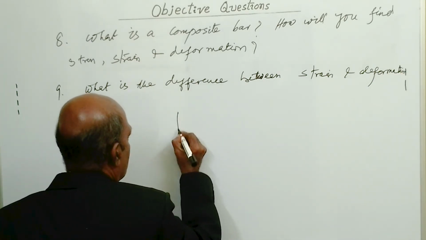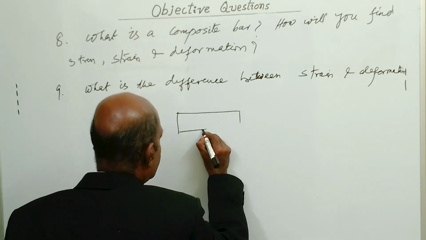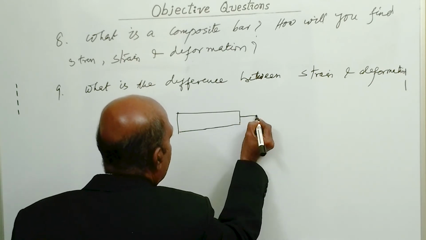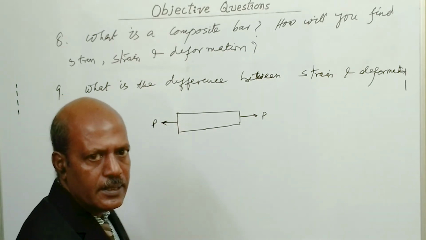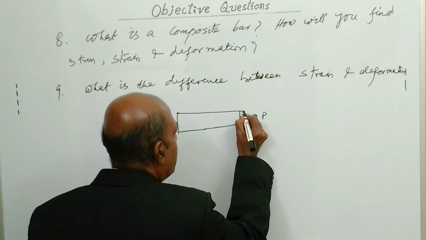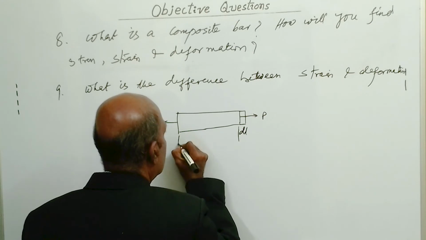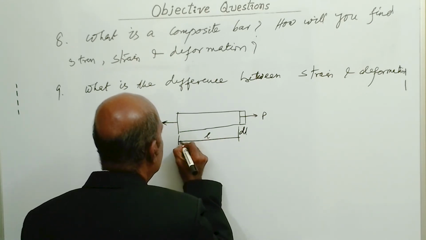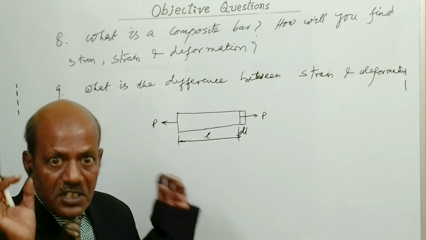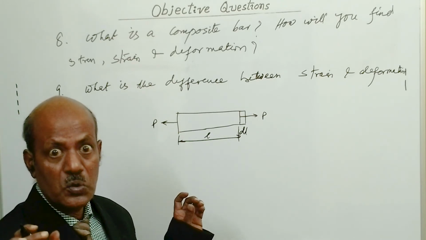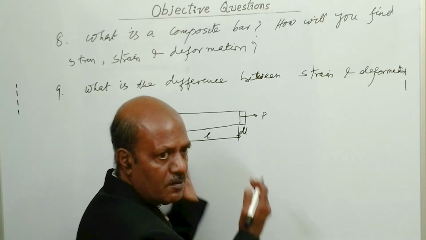Say this is a bar, and the bar is under load P. As the load P is a tensile load, the bar will extend by an amount dl. dl is the extension produced in the bar over a length of, say, L. This dl is the magnitude of deformation, the magnitude of extension produced over a length L of the bar.